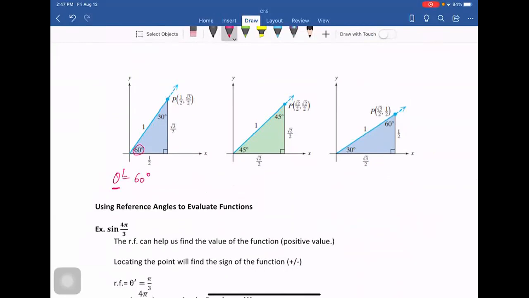We know the x and y values. And for theta prime equals 45 degrees, this is the value of x and y. Theta prime equals 30 degrees. So the x, y values are provided for us in this picture.